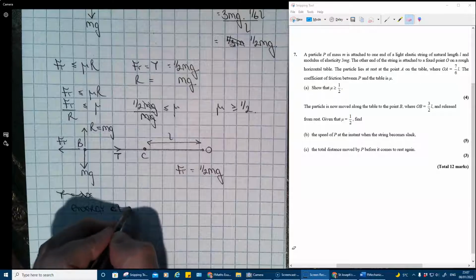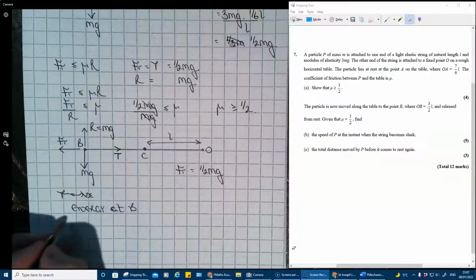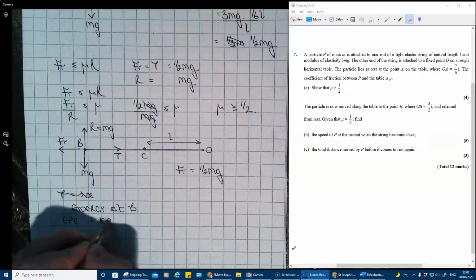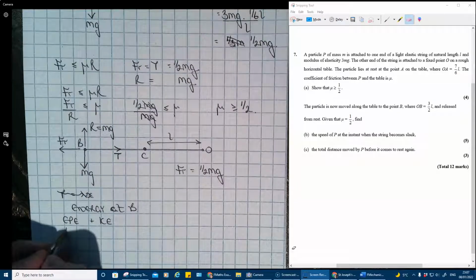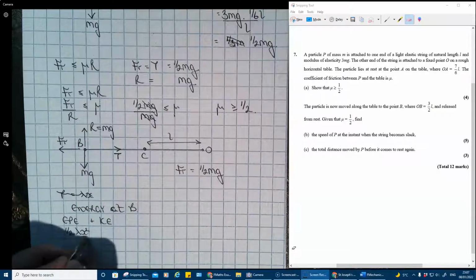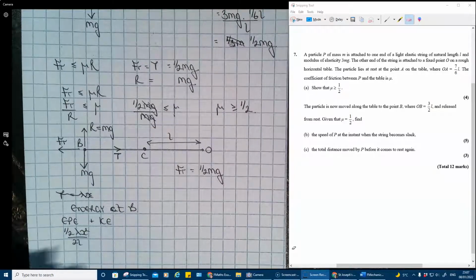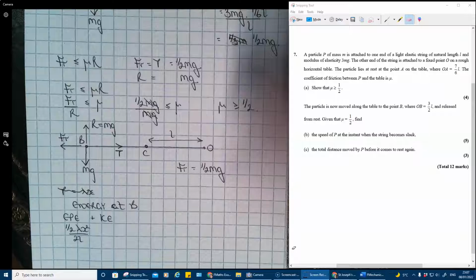So the energy at A: we've got elastic potential energy plus kinetic energy. It's not moving because we've got it held in place, so we've got lambda x squared over 2L.